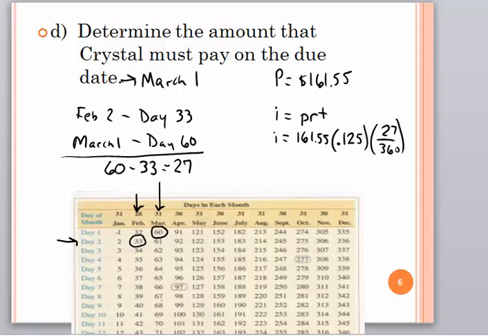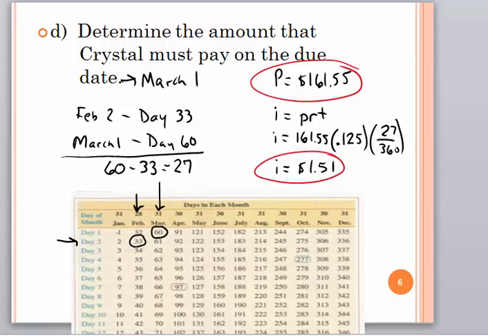We'll multiply these three numbers together, telling me that she owes an additional $1.51 of interest. So what we know at this point is that her principal is $161.55 and she owes $1.51 in interest.